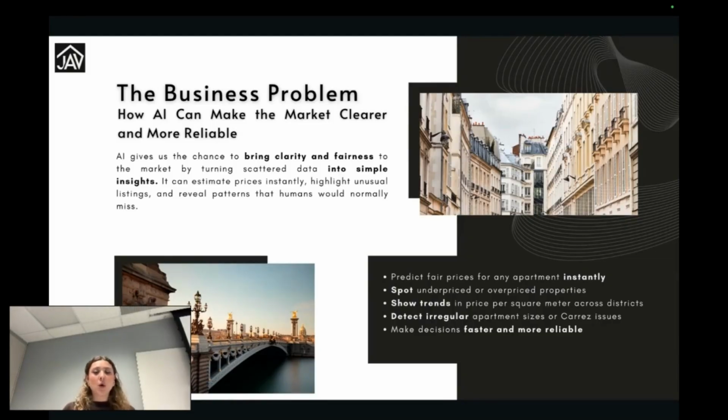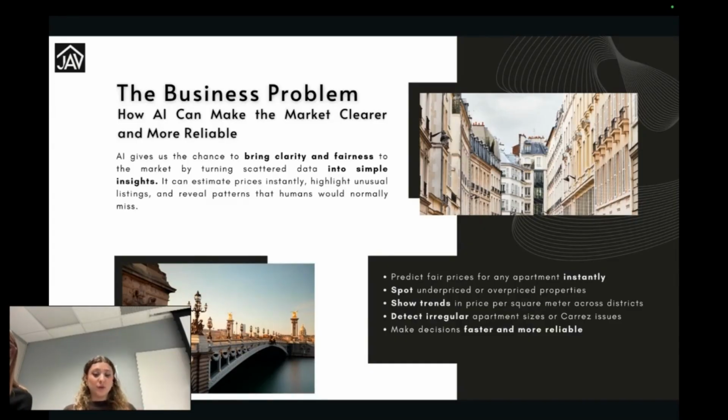It can estimate prices instantly, but also highlight unusual listings, so unusual things in the market. If there's a problem with the apartment, if the price, as I said before, is not that fair, or if you can find something better.